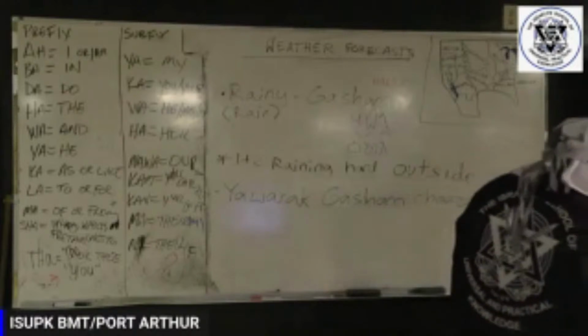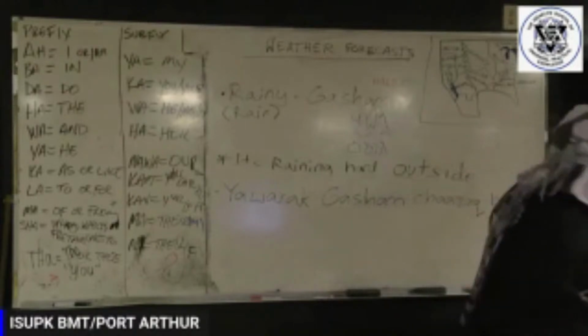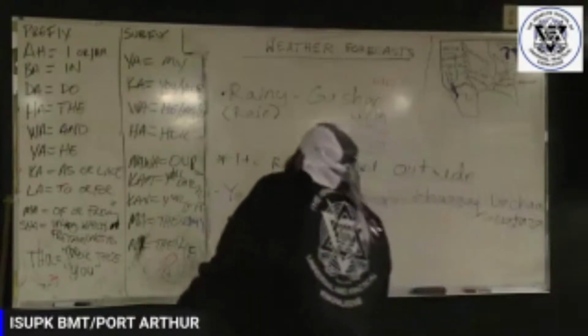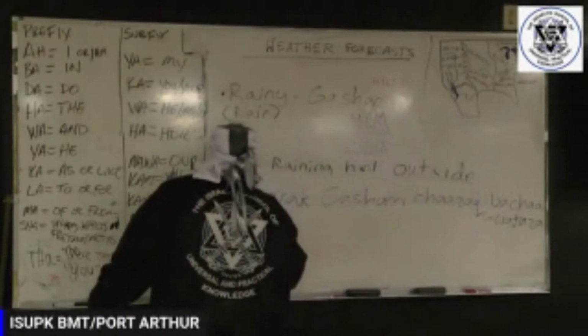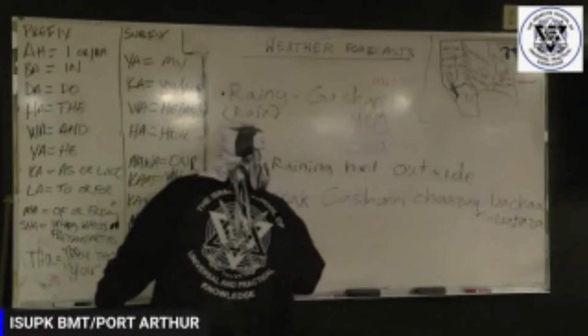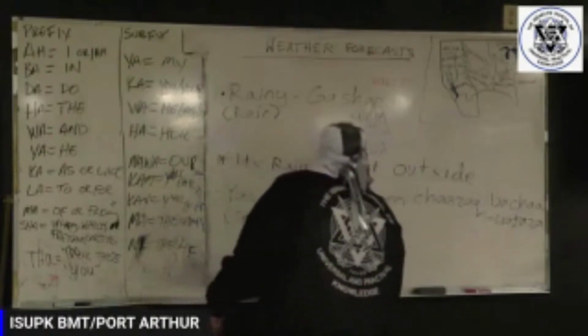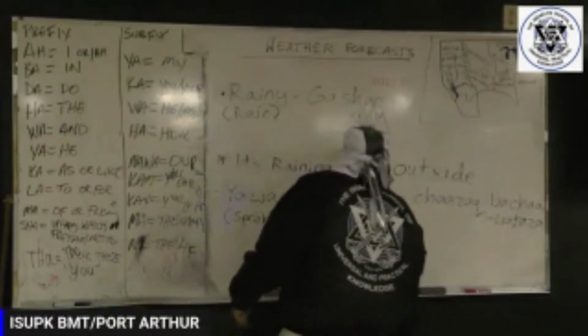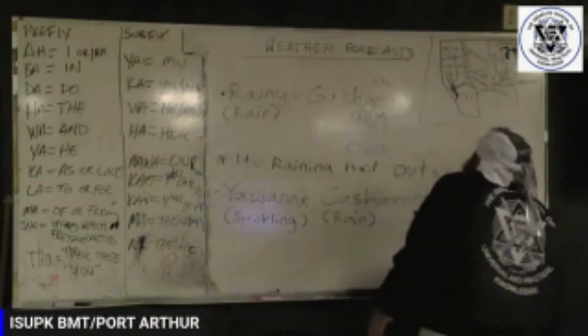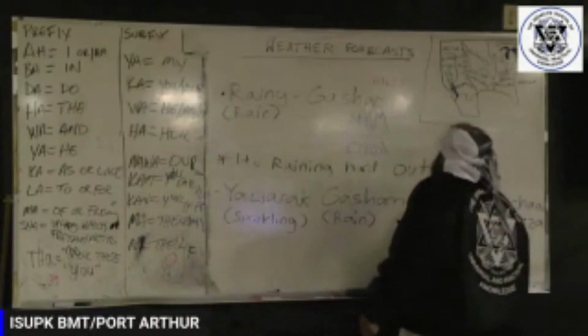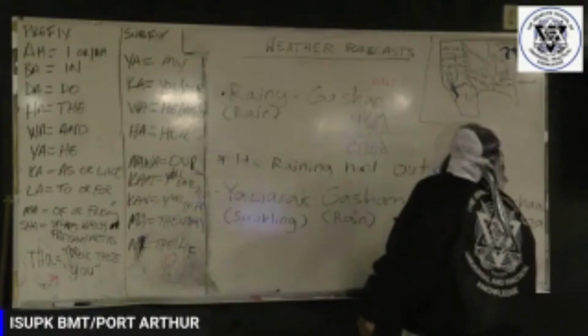I'm gonna write down what these words mean. So Yawarak means sprinkling. Gasham means rain. Kazak means strong or with power. So that's how it's raining hard. So I'm gonna write strength or strong.